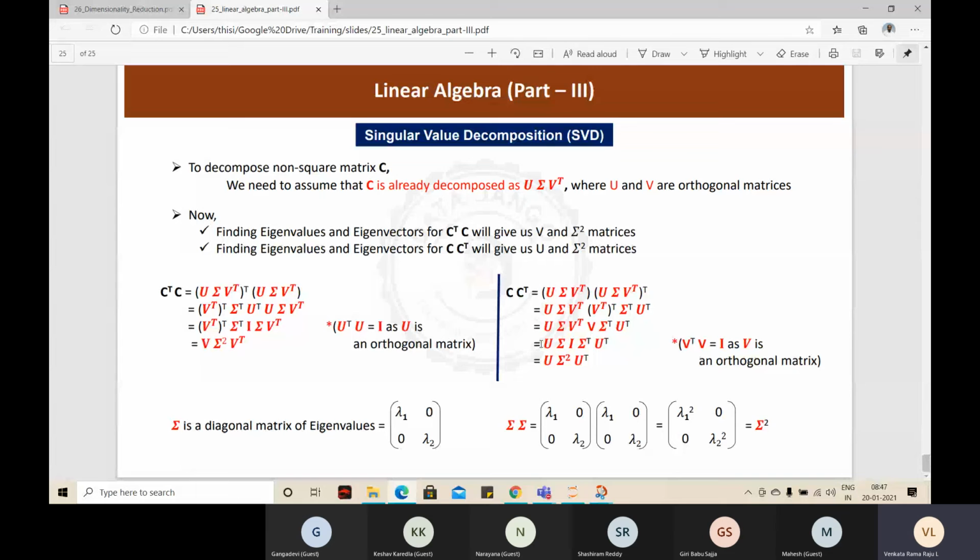Got it or confused? Basically, we are doing eigenvalue decomposition only for C transpose C and CC transpose to find out U, sigma, and V. The same concept is used again in word vectorization, which they call word embedding.